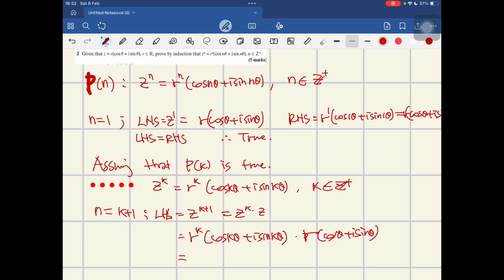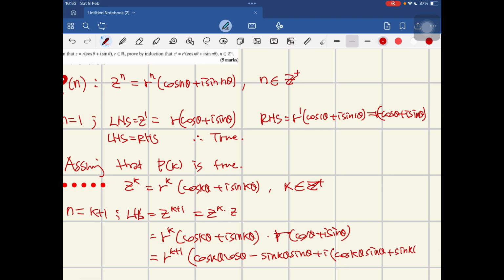So r to the power of k plus 1, and I'll expand them, first the real numbers and then the imaginary numbers: cos k theta cos theta minus sin k theta sin theta, plus i (cos k theta sin theta plus sin k theta cos theta).